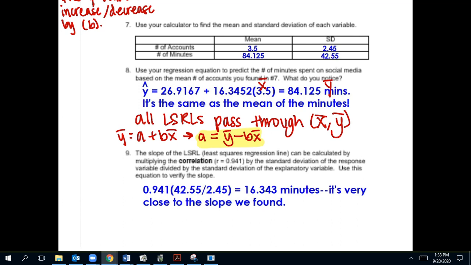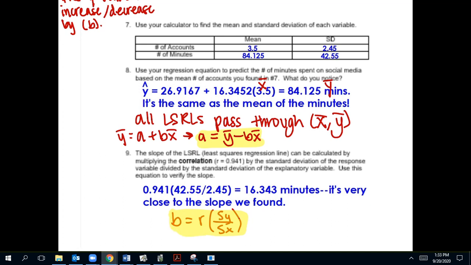And then this one, we were just trying to show you a formula that works to find the slope. The slope is equal to the correlation times the standard deviation of y over the standard deviation of x. Think about this like slope is y over x, so it works that way that we have the y over the x.